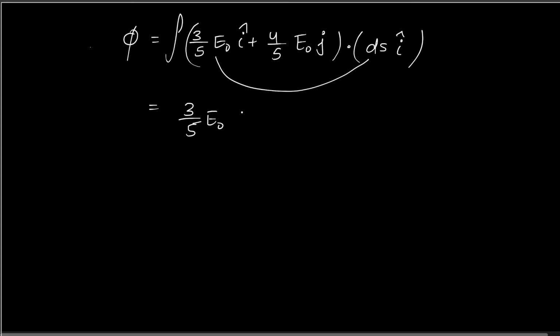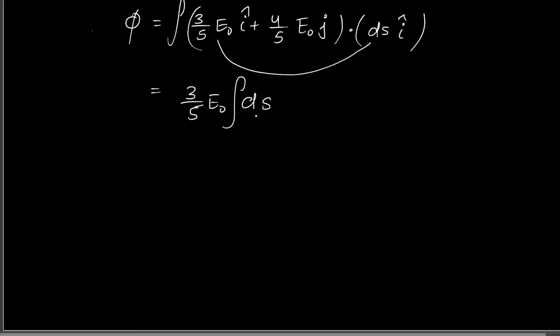Because this is constant, it comes out of the integration, and ds vector remains inside the integration. Then if you integrate the surface area, the surface area is given to you, so it comes out to be 3 by 5 E naught times the area. Just put the value of area and the E naught value, then you get the total flux through it. Okay, thank you.